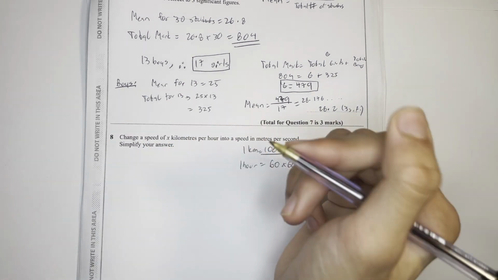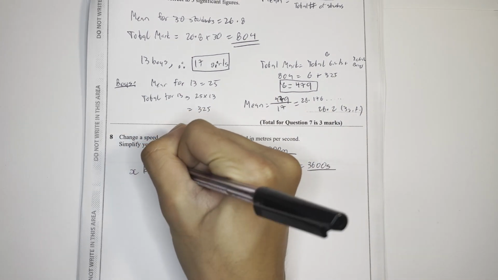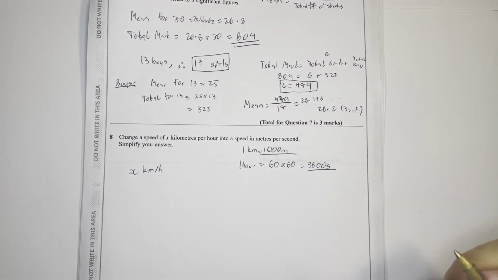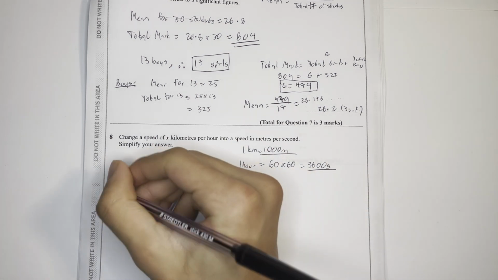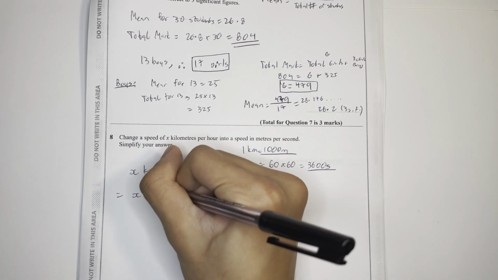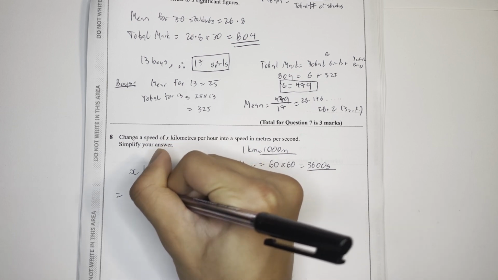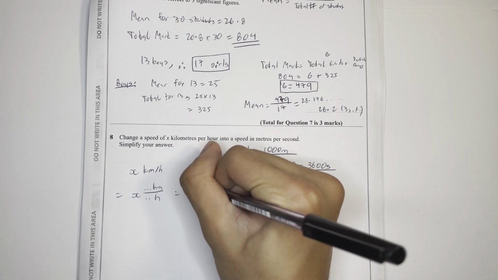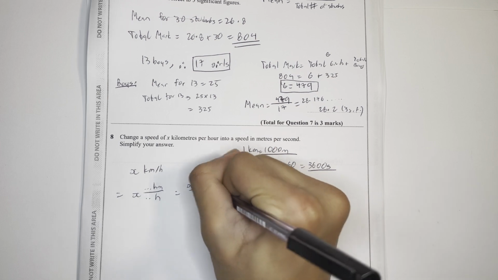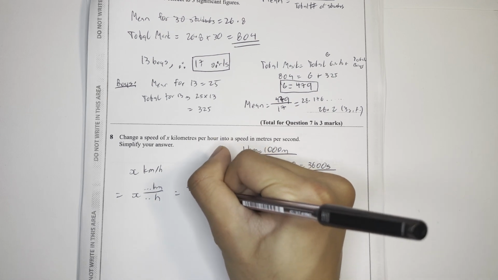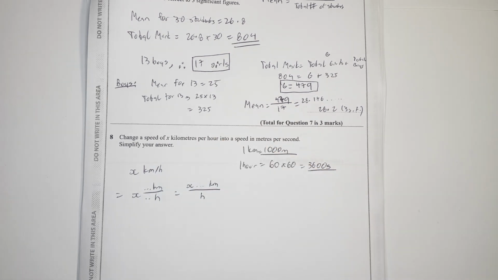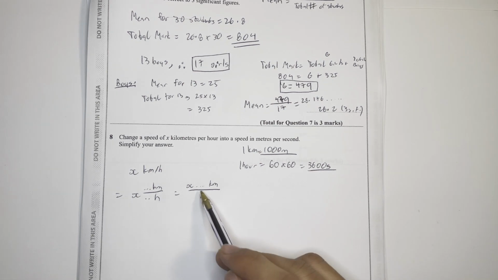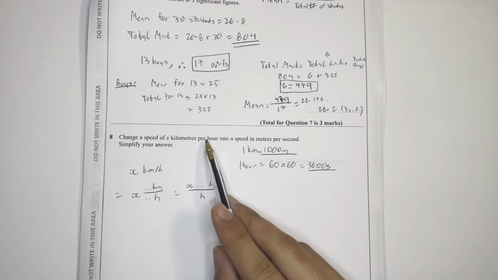Say we have a speed of x kilometers per hour. Remember that speed is distance over time. So this is the number of kilometers over the number of hours, which is just equal to x kilometers over 1 hour, because the speed is in kilometers per single hour.